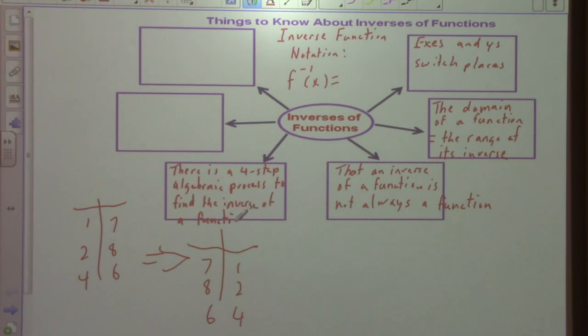And for us, most of the time we spend working on inverses is going to be related to doing the algebra to do that four-step process. Okay.